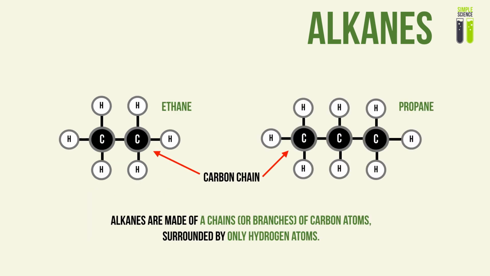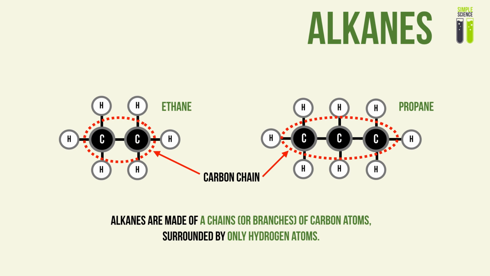Their general shape consists of the main carbon chain or branches that may attach to it, which I will talk about later. It mainly consists of a carbon chain or branches and will be surrounded completely by only hydrogen atoms. So as I said before, they are hydrocarbons and they will only contain carbon to carbon single bonds and carbon to hydrogen single bonds.